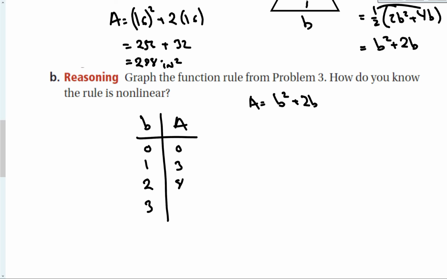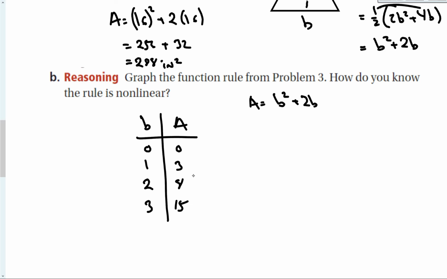And watch again as I put a 3 in there. Now that turns into 3 times 3, which is 9, plus 2 times 3 is 6, that's 15. So now my answer went up by 7. Each increase of 1 inch on the base is not increasing the same proportion, right?